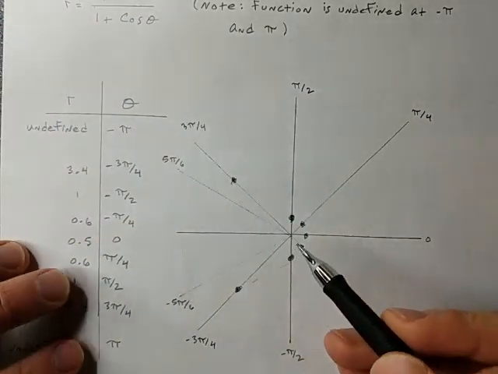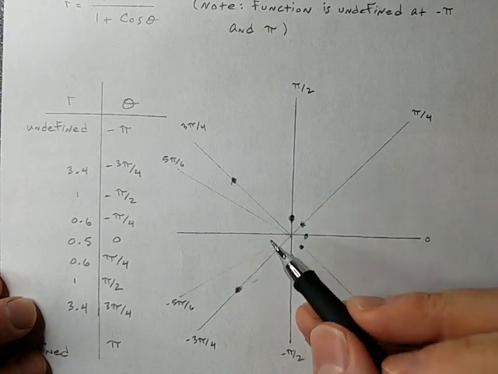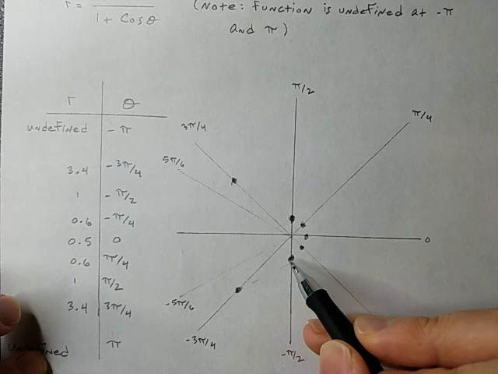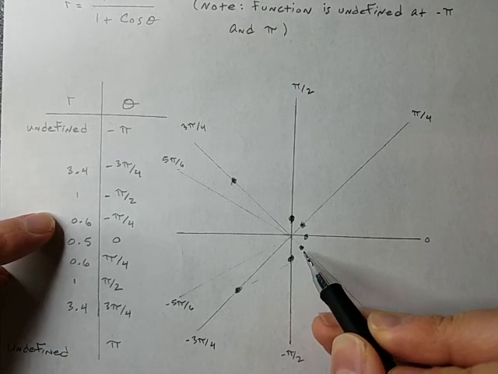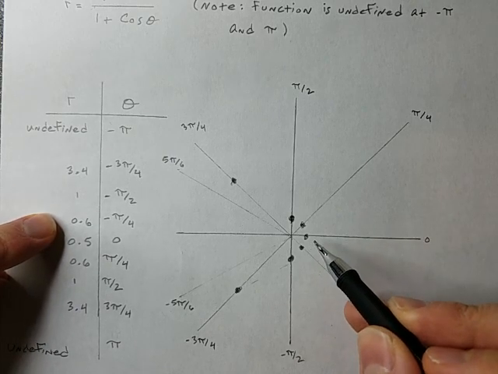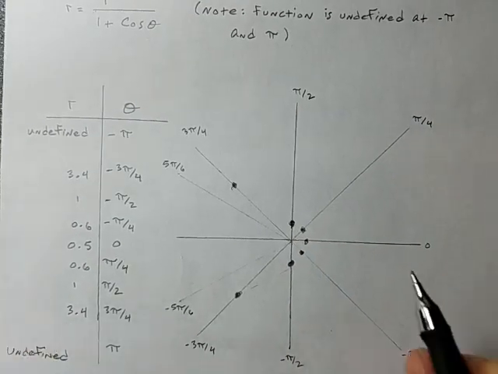So I actually measured out 3 pi over 4 clockwise and then went radially in that direction, 3.4 centimeters. And same with all the other points. There is negative pi over 2 and 1, and then negative pi over 4 and 0.6, and then 0 and 0.5, and so on. Okay? All right, so I did try to make it accurate.